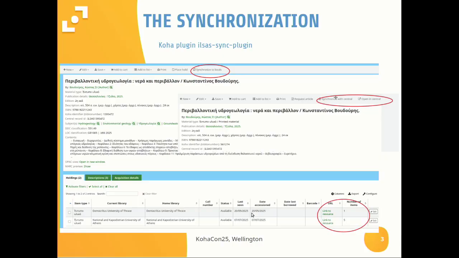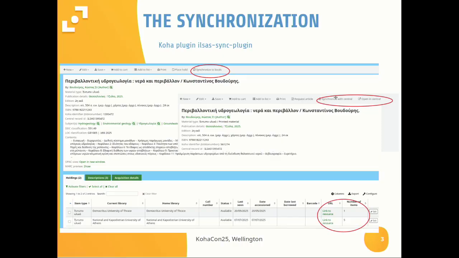In the central record, we have only one item per university, so one item per local Koha. This item refers to the number of items in the local record. Some of the items could be excluded from this count.